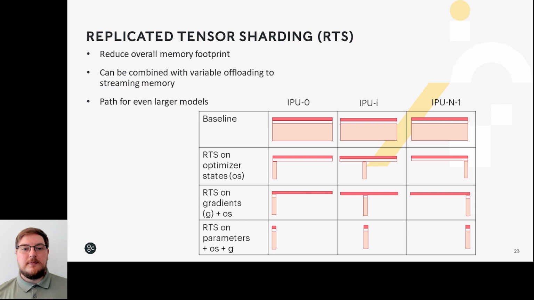The same can be applied, for example, to gradients and optimizer states, or to parameters, optimizer states, and gradients. Note that for most of the time of the processing, the optimizer states are not needed. So sharding those gives us the best benefit.